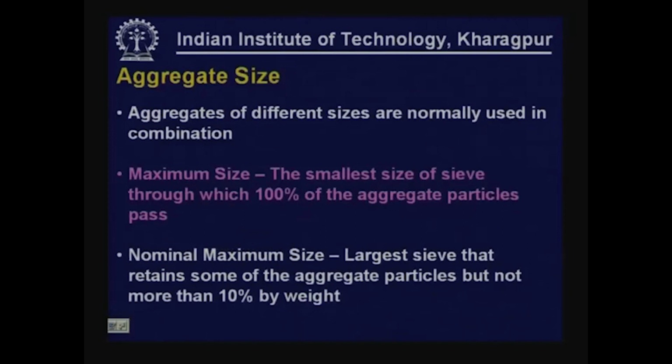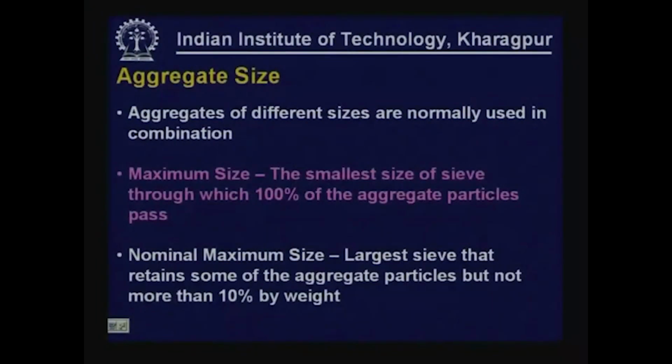Coming to aggregate size, as I indicated earlier, we are referring to the maximum size of the aggregate that we are using in any given layer. Aggregates of different sizes are normally used in any layer. We do not normally use aggregates of a single size. They are used in combination.